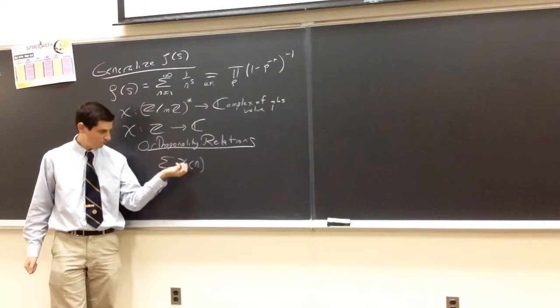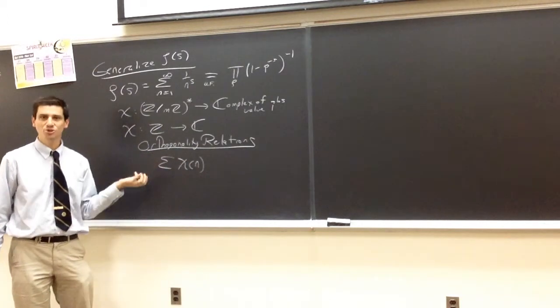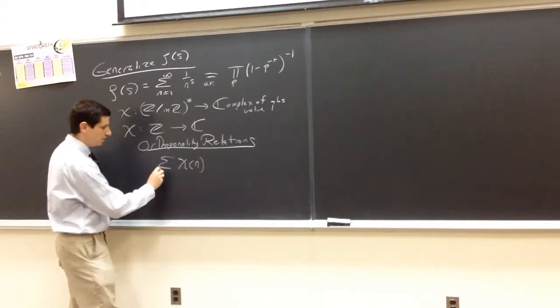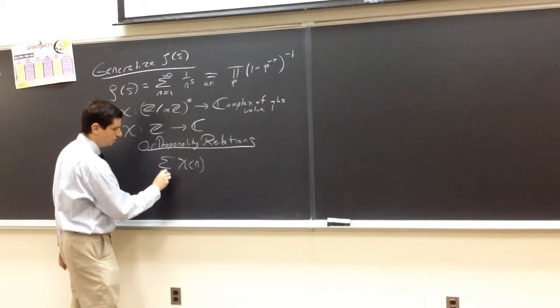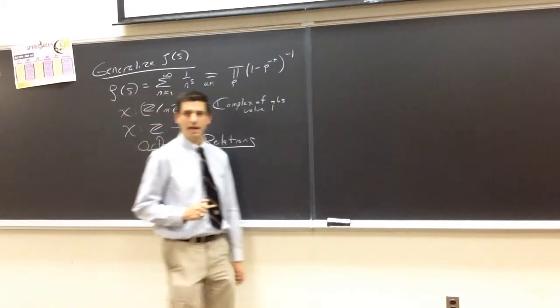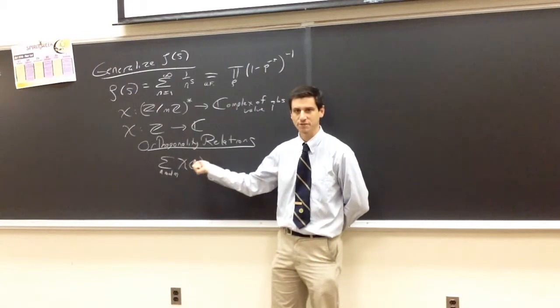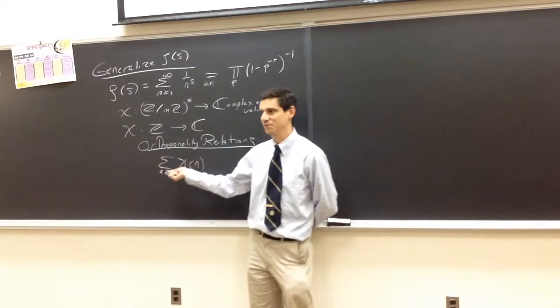I could sum over n, or I could sum over the characters. So I should get something good in both ways. So if I sum n mod m, I actually don't have to worry about whether to sum over all n mod m or just the n that are relatively prime, because if it's not relatively prime, it's just 0.